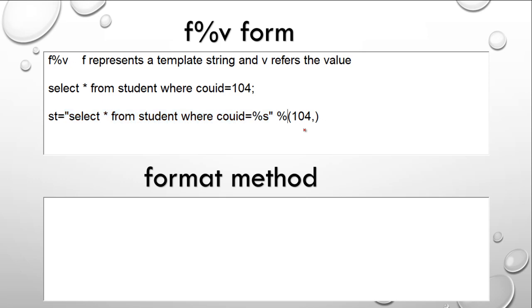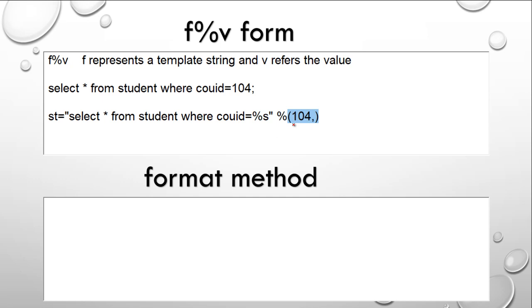This 104 written within brackets and comma is the value of v, because v refers to the value. So this command will fetch the records of all the students whose course ID is 104. This is the pattern for writing that command.